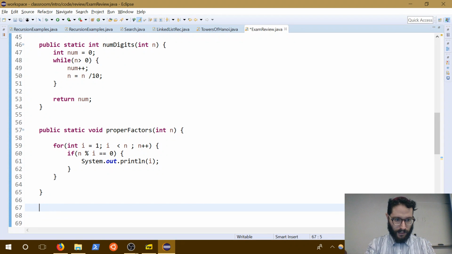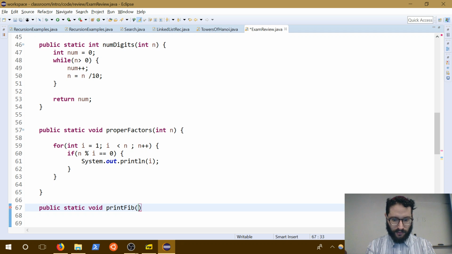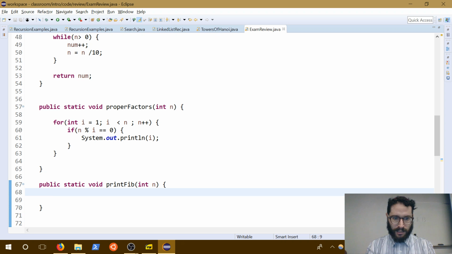Public static void printFib. So I want to print the first n Fibonacci numbers. So for int i is equal to 0.